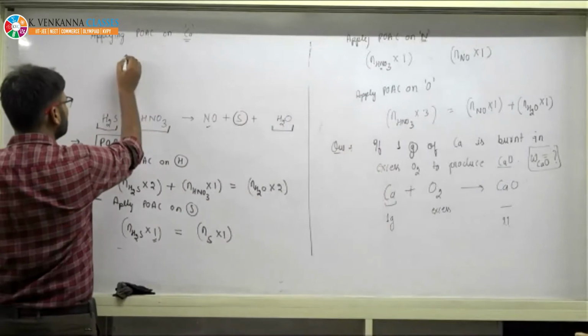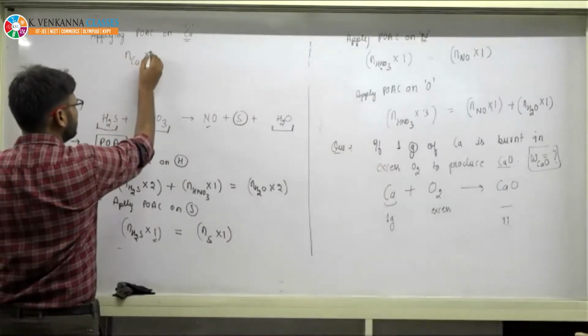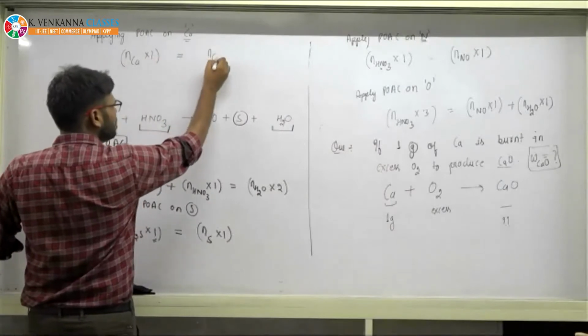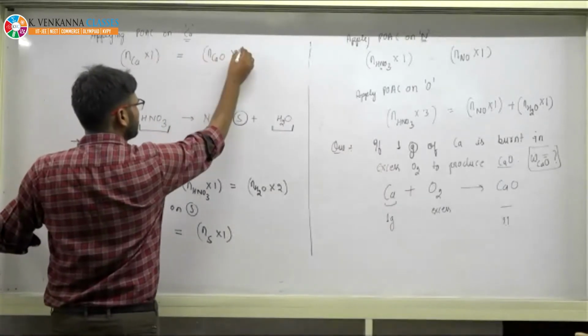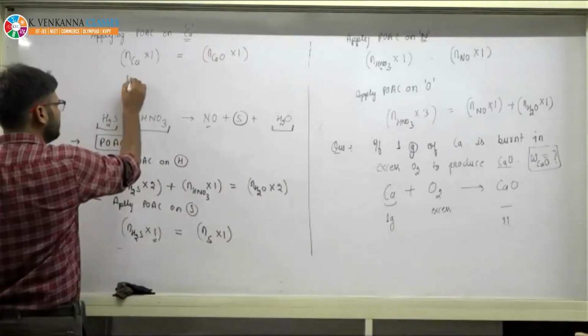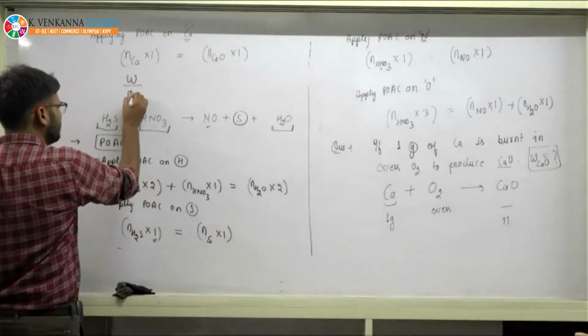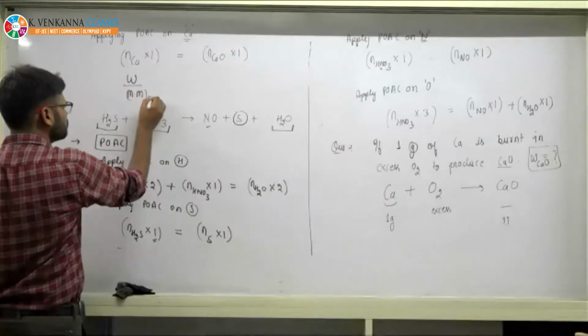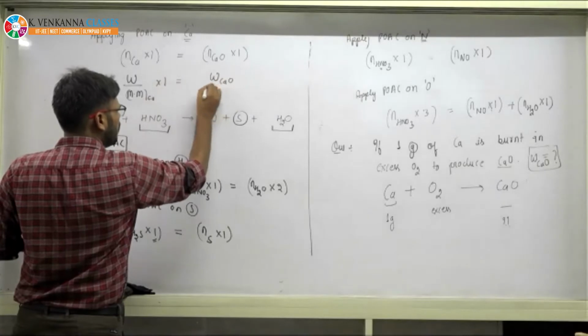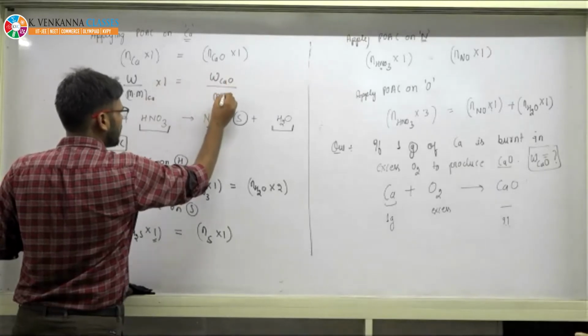So moles of calcium into 1 is equal to moles of calcium oxide into 1. Now moles of calcium can be calculated by given weight upon molar mass of calcium, into 1. This will be weight of calcium oxide upon molar mass of calcium oxide.